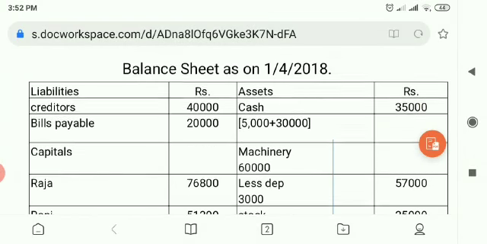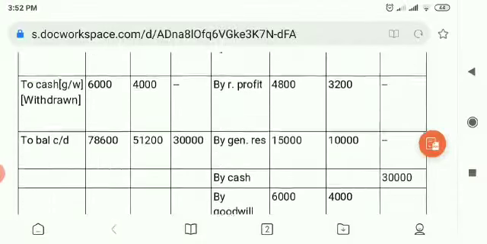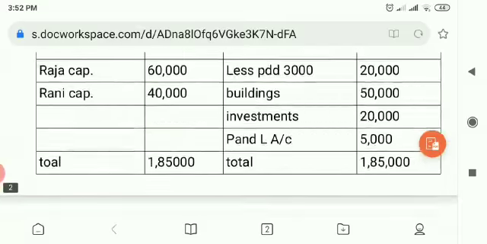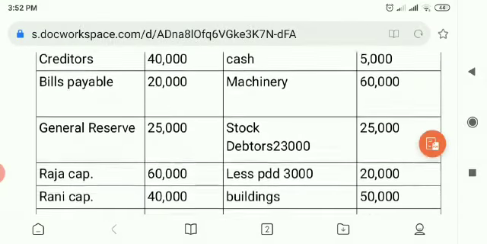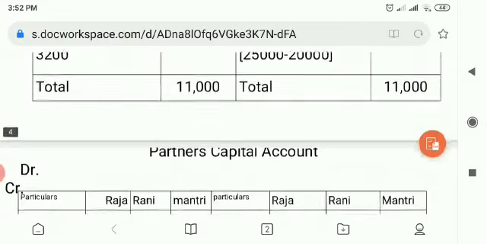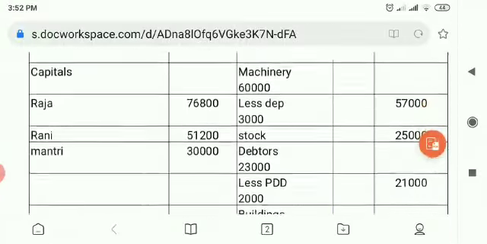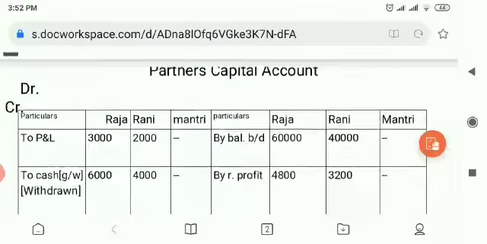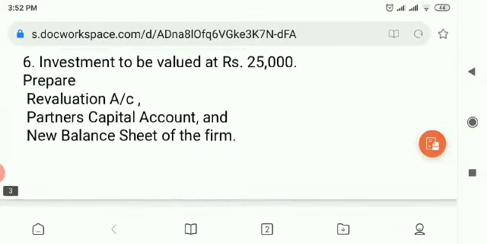Next, they have given you the stock, and there is no adjustment, 25,000. Come to your balance sheet, write stock in the outer column 25,000. Next, they have given you the debtors.